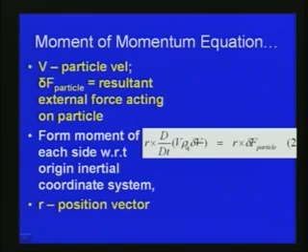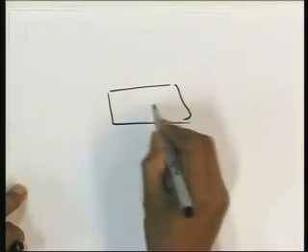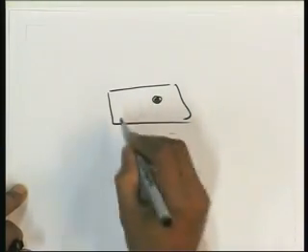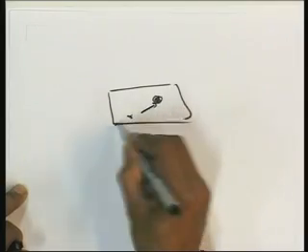You can see here a fluid control volume like this, and we consider a particular particle. The position vector from the origin is r.